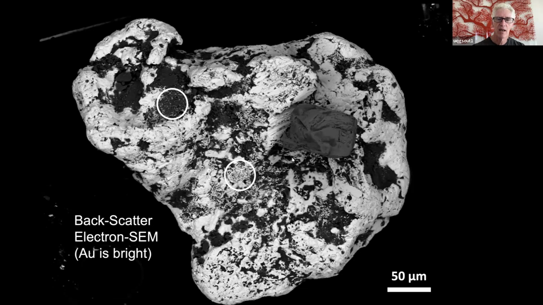We've got dark material, that's soil or sediment from the creek where it was isolated. And we've got tiny little particles of gold. We'll come back to that in a little bit. With the other circle, more towards the middle of the grain, we've got bits of gold, and then kind of a patchy texture of larger particles in this environment.